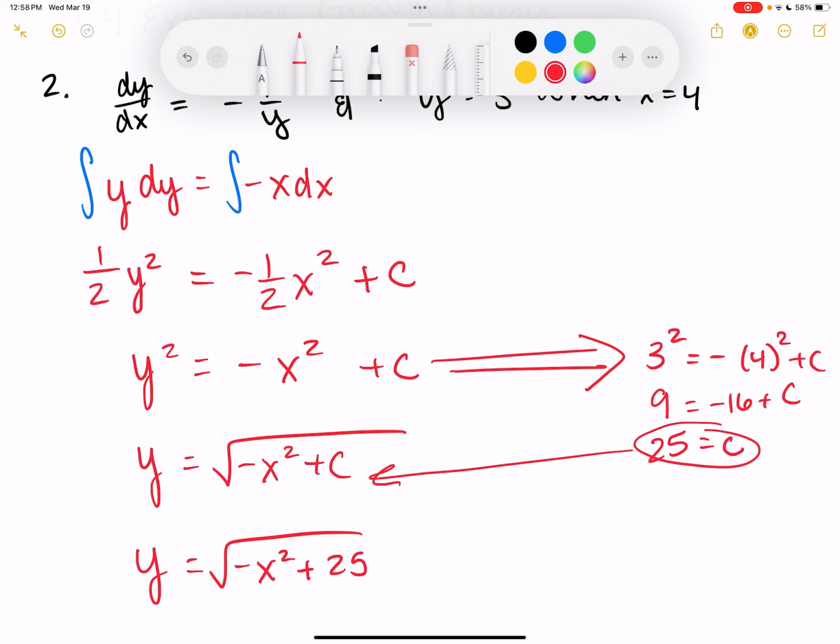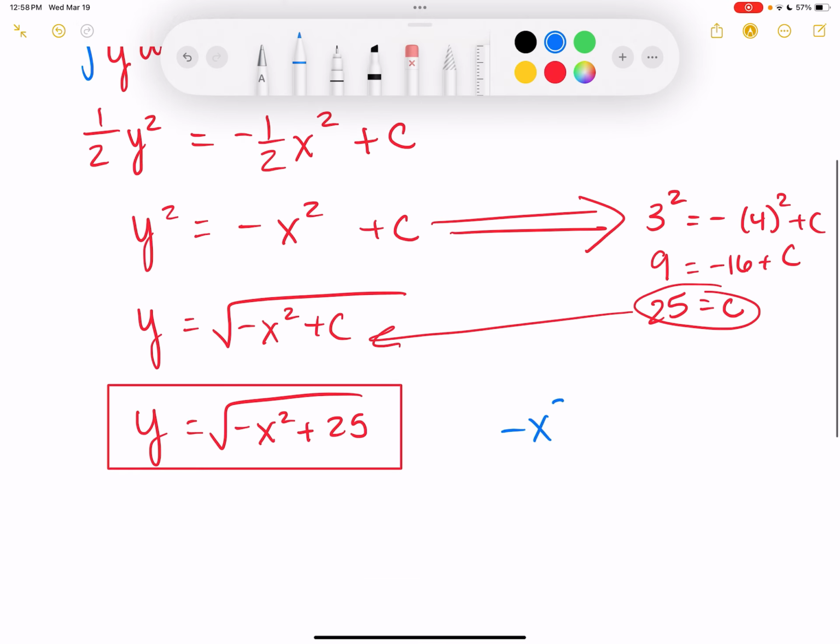And now I need to find the domain. How do I find domain? For this specific problem, how do I find the domain? What values cause a problem? A square root of negatives. So we're going to need the stuff inside greater than or equal to 0.